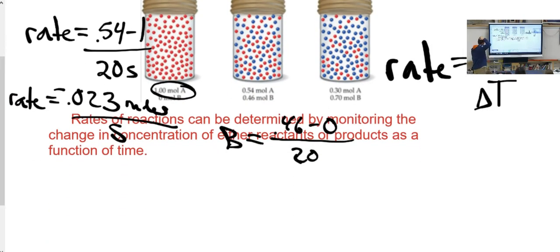So that would be a positive 0.023. So we have the rate of disappearance for our reactants and the rate of appearance for our products. Easy enough? It's only if your coefficients are the same number that they'll be the same. And that's one of the next 2 slides, I think.